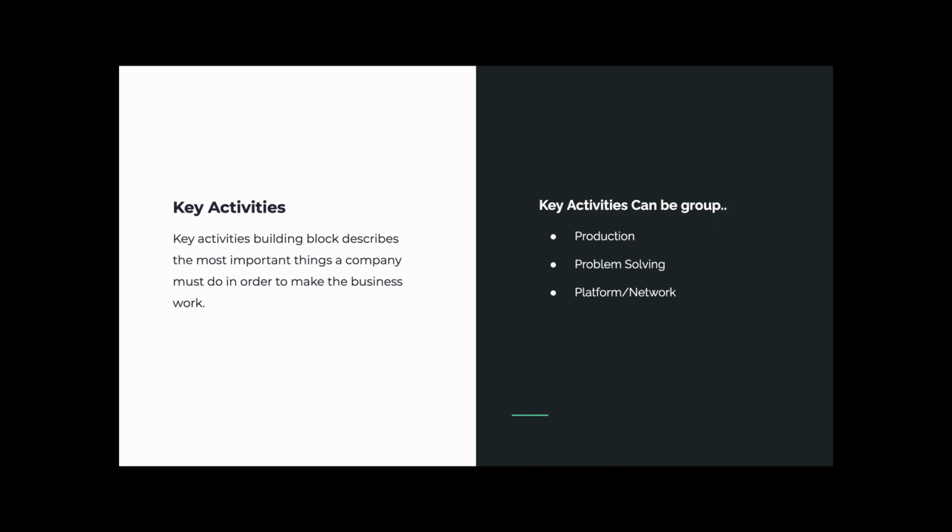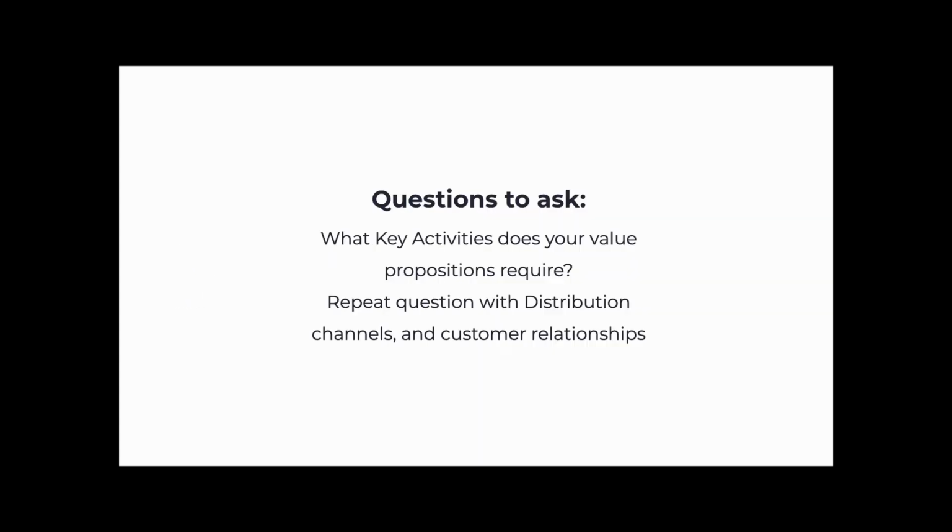Maybe it's for taxi co-ops for customers to find taxi co-ops. There's a lot of different ways to utilize platform cooperatives. What key activities does your value proposition require? And then you just repeat this question with each of the building blocks.